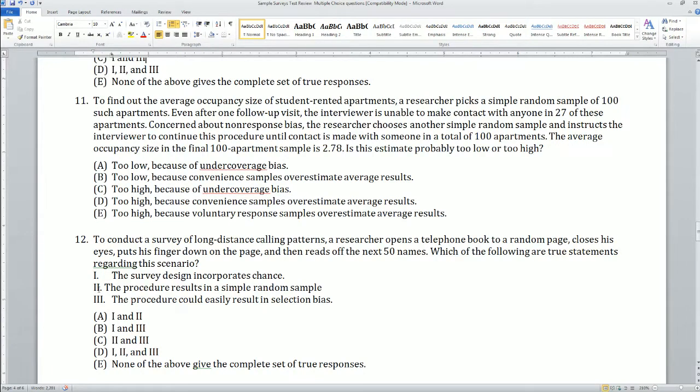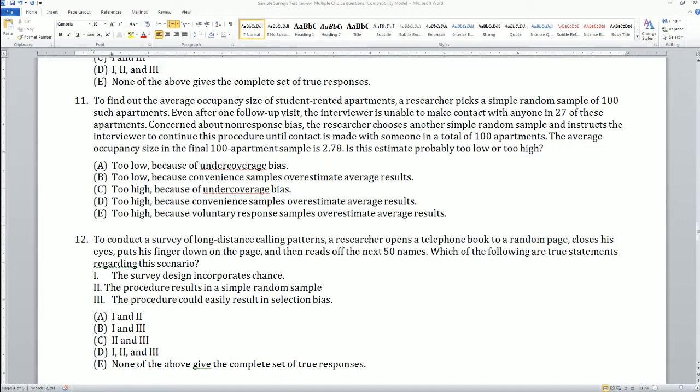Okay. All right, 11. To find out the average occupancy size of a student rented apartment, a researcher picks a simple random sample of 100 such apartments. Even after one follow-up visit, the interviewer is unable to make contact with anyone in 27 of the apartments.